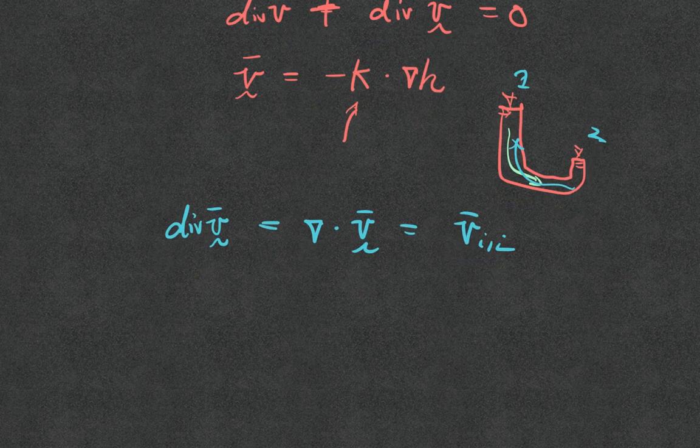Now what if I substitute the Darcy's law velocity definition there, assuming there's a linear relationship between the gradient of the potentials and the Darcy's velocity? So this is a linear relationship.